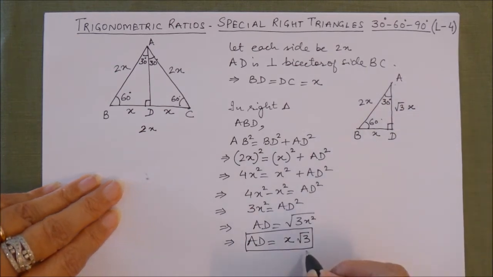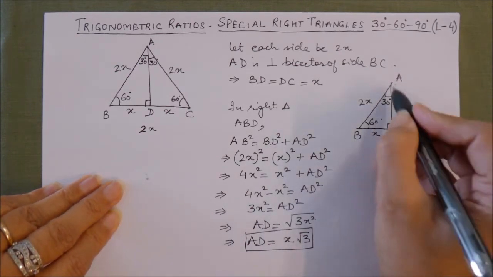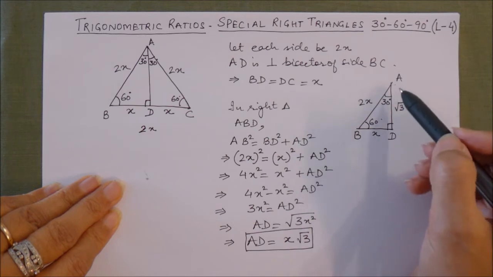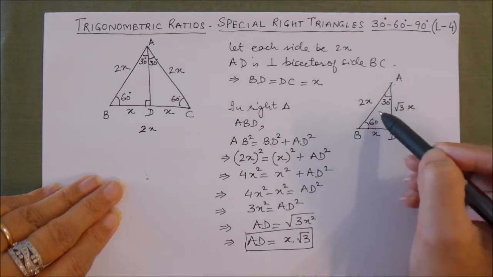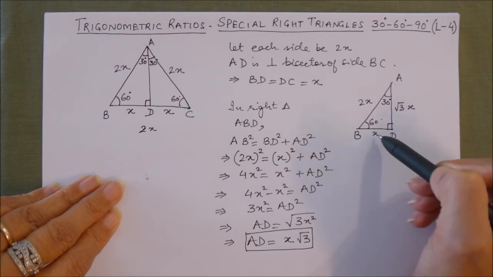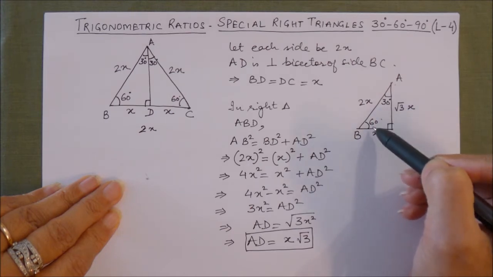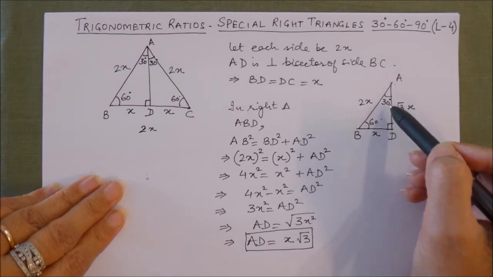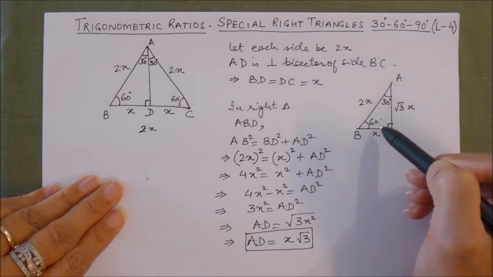This we have calculated. Now in this right triangle, we know all the sides: 2x is hypotenuse, and these are the two sides root 3 times x and x. So now we will take the reference angle 60 first, and then we'll take the reference angle 30, and then we'll find the values of all trigonometric ratios.